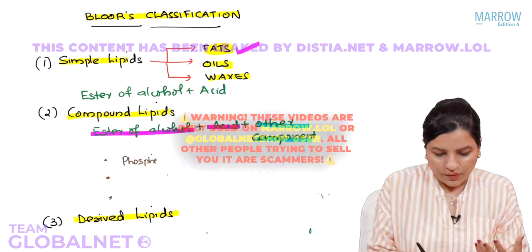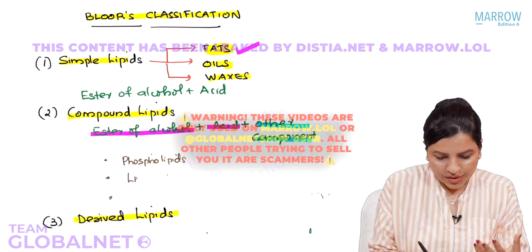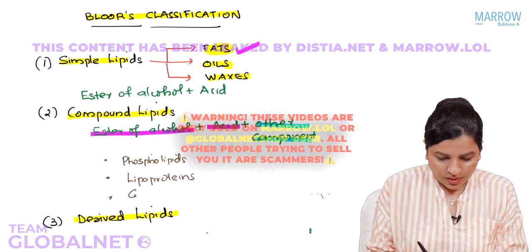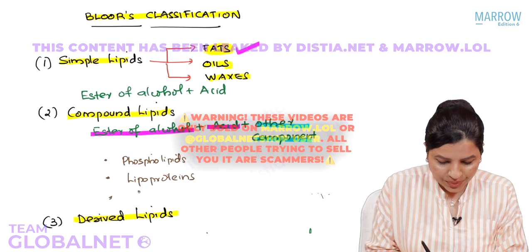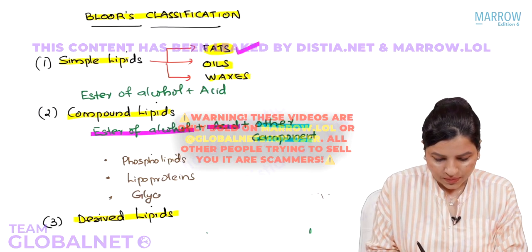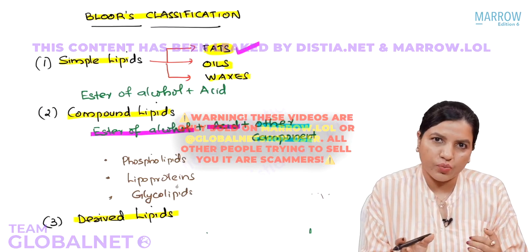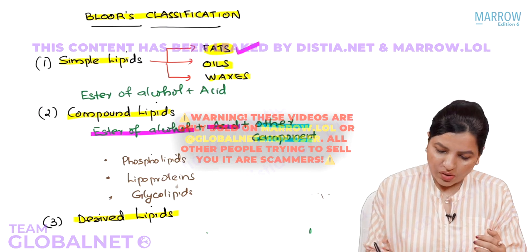That is phospholipids, lipoproteins, then glycolipids. So, these are all esters, but at the same time they have other groups also. So, that is compound lipid.